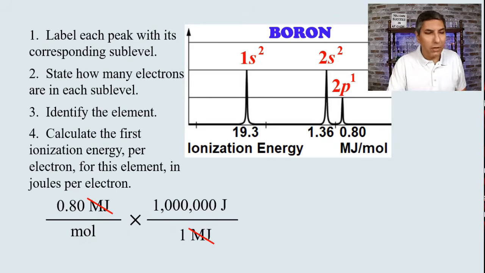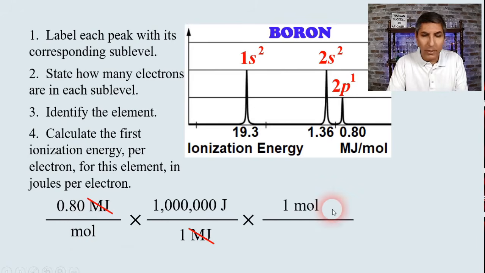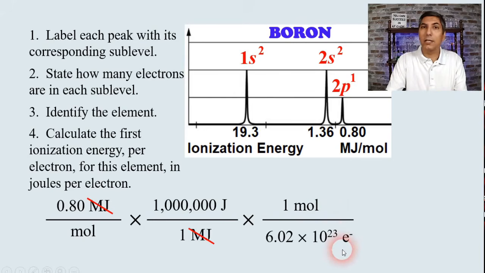So that's why I have to convert moles to electrons. So in my next conversion factor, I'm going to put moles up on the top. That way it'll cancel top and bottom. And I have to put electrons on the bottom. I know that there are about 6.022, or 6.02, times 10 to the 23rd of anything in a mole, right? So the same thing here, there's 6.02 times 10 to the 23rd electrons in 1 mole.